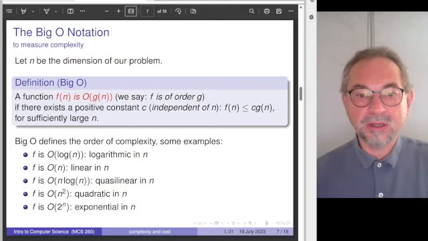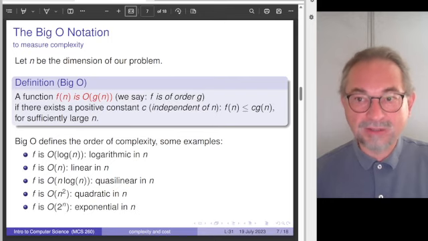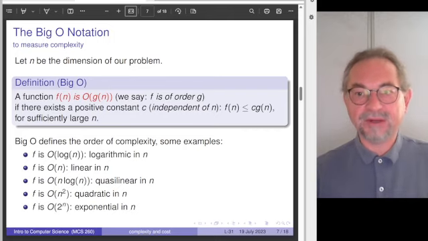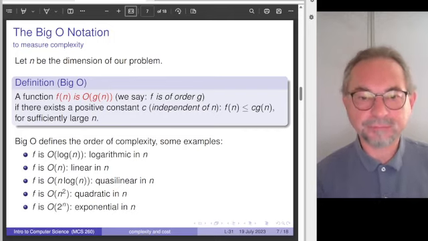Then there are the algorithms that are quasi-linear, so there is the n times log n. That is the complexity of sorting, as we will see. So algorithms that are n log n behave as almost linear.